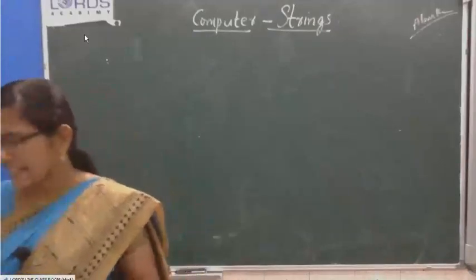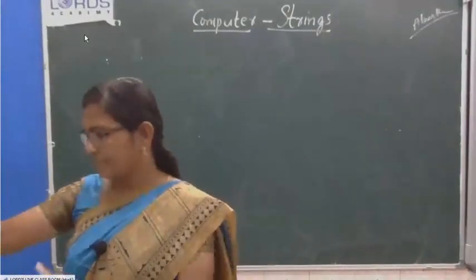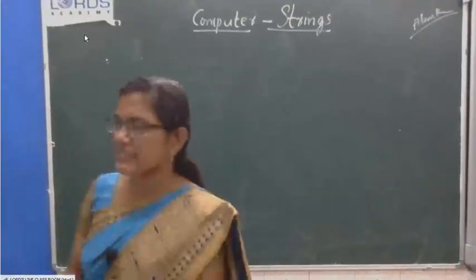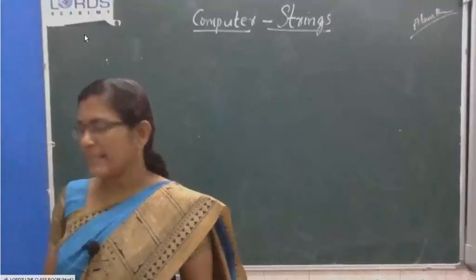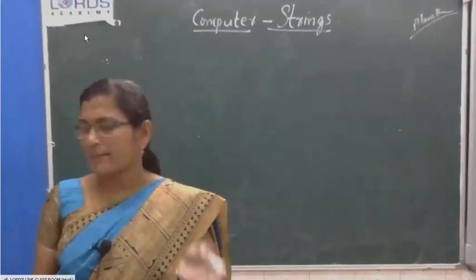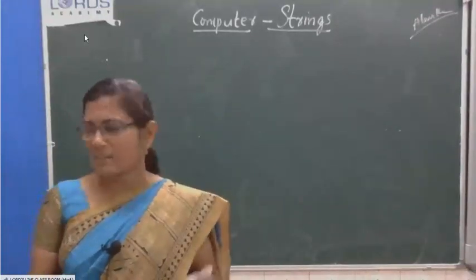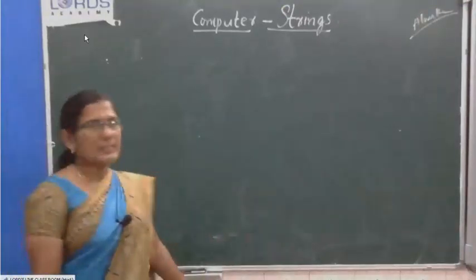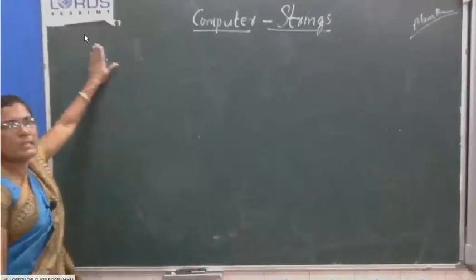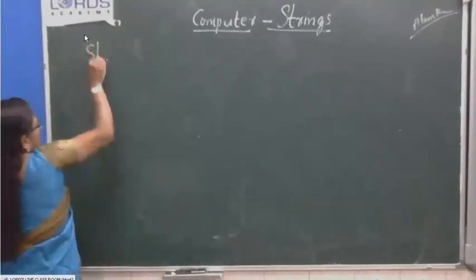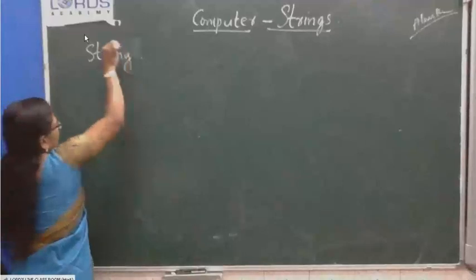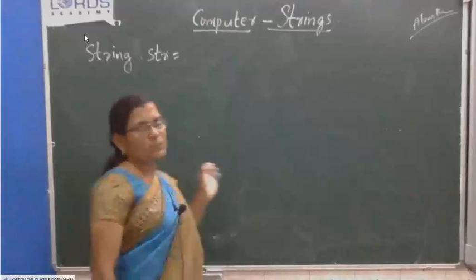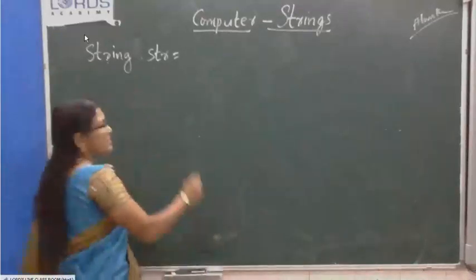So, let us create a string. Let us first of all create a string and store it in the memory and use different string functions which are defined in the string class. Learn different functions. For example, I am going to create a string by using an assignment statement. String type str, string variable equal to, I am going to use an assignment statement to create the string.